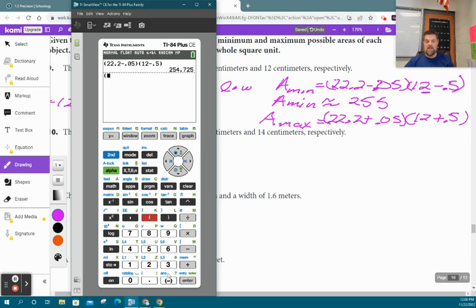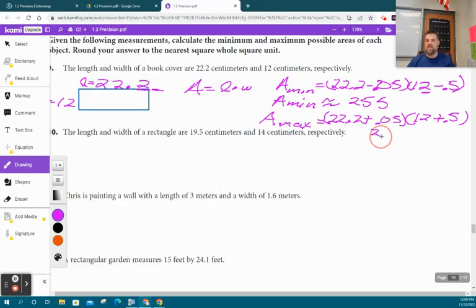You guys should be doing this on your calculator too. 22.2 plus 0.05, close parentheses, open parentheses, 12 plus 0.5, close parentheses. And I would round that to 278. So the area max is 278.